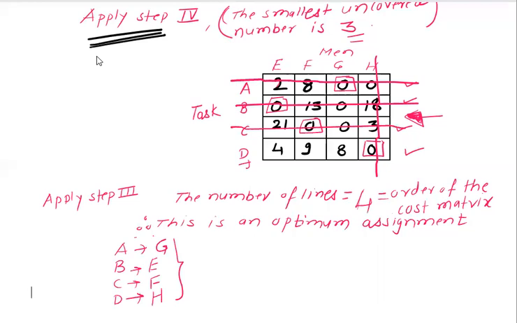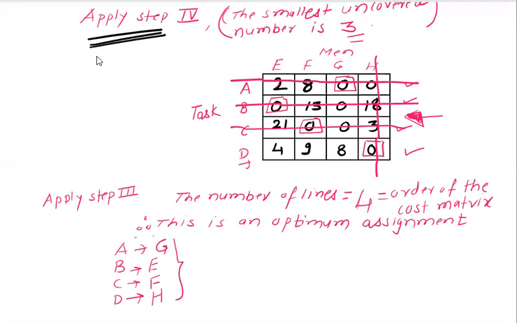We do not have any other choice left. So we have used that single zero for an assignment and we observe that there is no other choice. So this problem does not have an alternate solution.